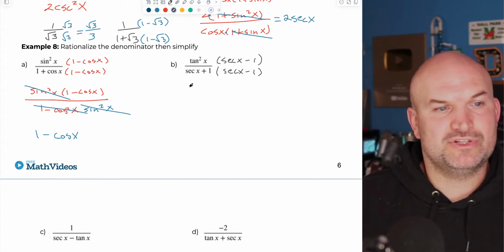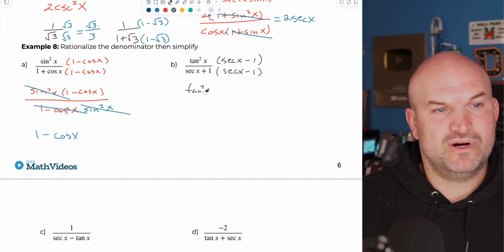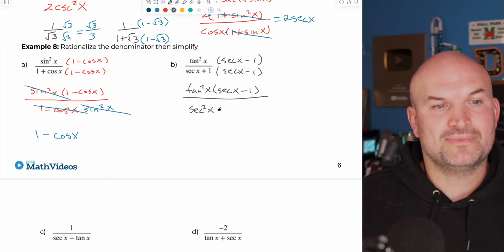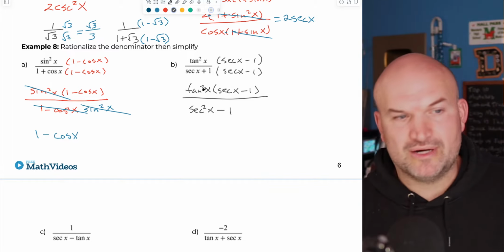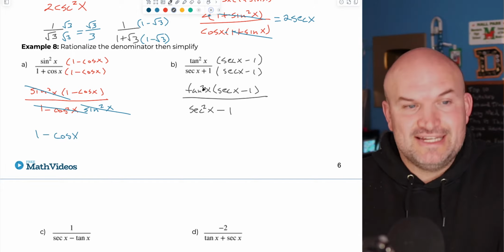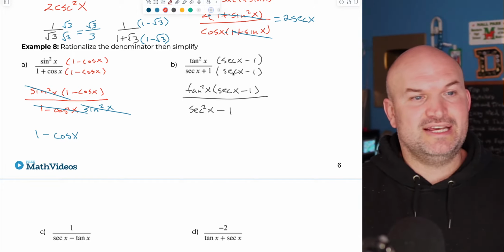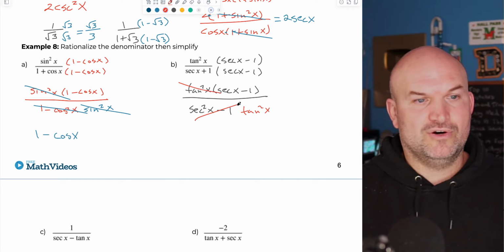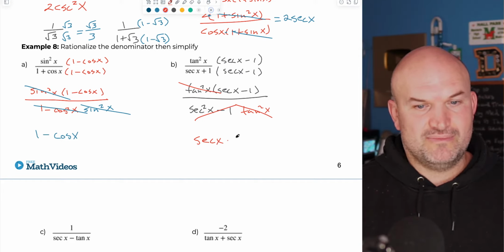So this is going to produce a tangent squared of x times a secant of x minus 1. The denominator, though, is now going to be secant squared of x minus 1 squared. So remember, it was tangent squared plus 1 equals secant squared, right? So again, you can see how this is going to simplify to tangent squared of x, which now will divide out, and we're just left with secant of x minus 1.